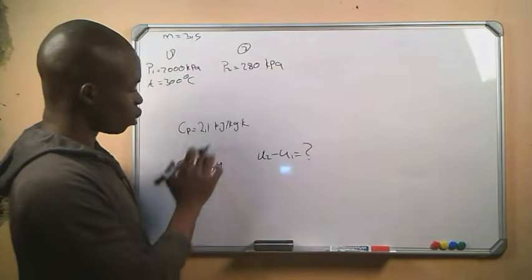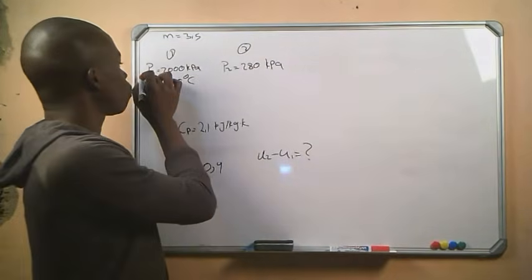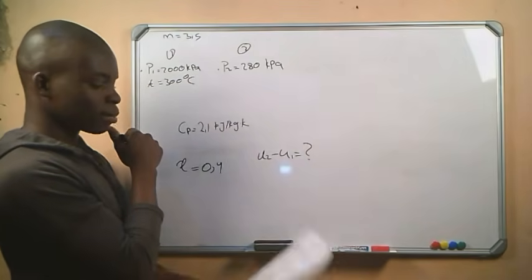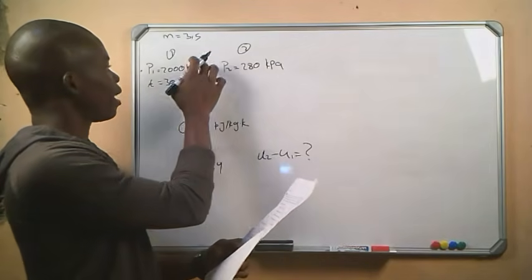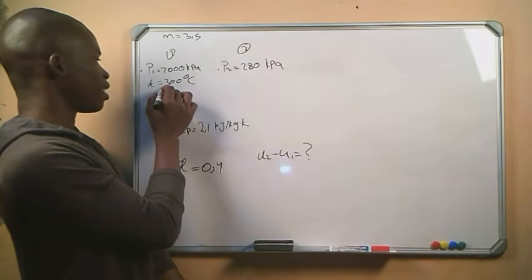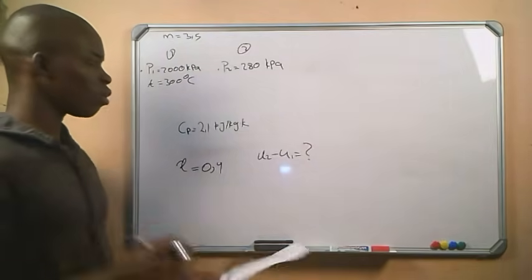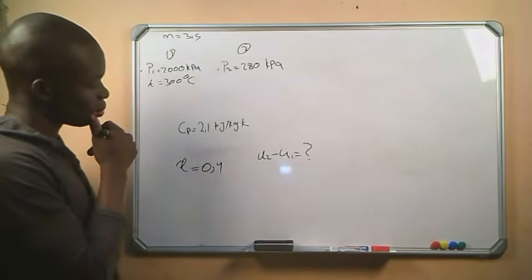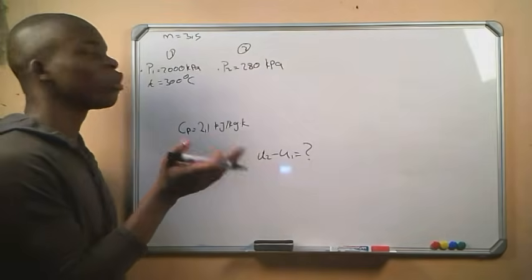So first we must put this in the right places. We were given 2 pressures, pressure 1 and pressure 2. And then we were told that the steam in the initial phase is at a temperature of 300 degrees Celsius. Whenever you are given a statement like this, the first task is to find out which steam is dry or which steam is wet.